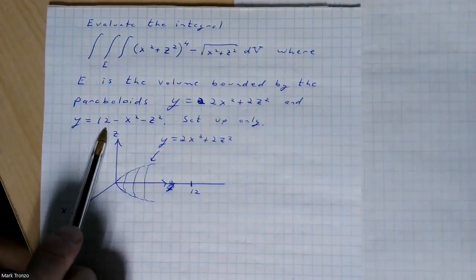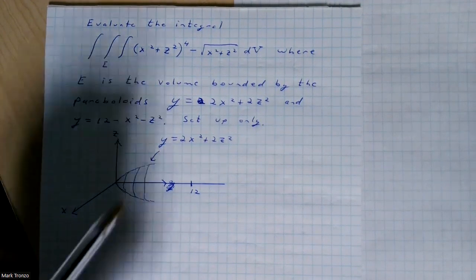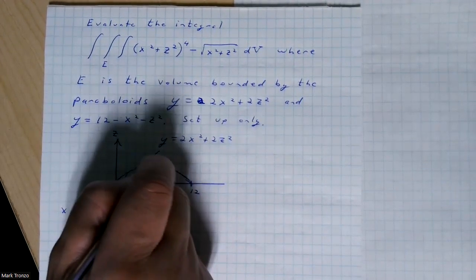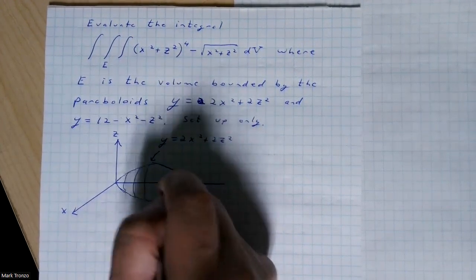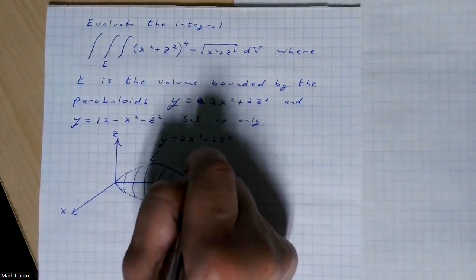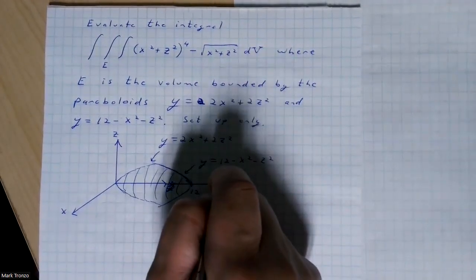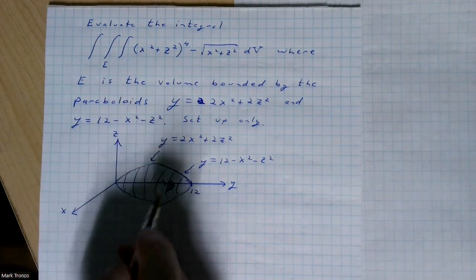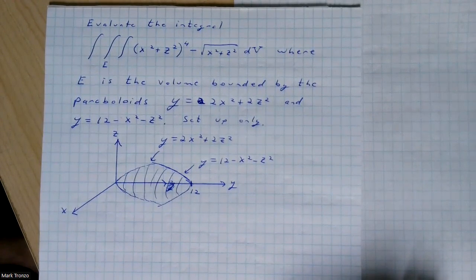So you have 12, and this is going to be 12 minus z squared minus x squared. So it's going to be a parabola going in the other direction, starting at 12. It's going to look something like this. So this one here will be y equals 12 minus x squared minus z squared. Obviously they're going to open up along the y-axis, so we want to do y first.